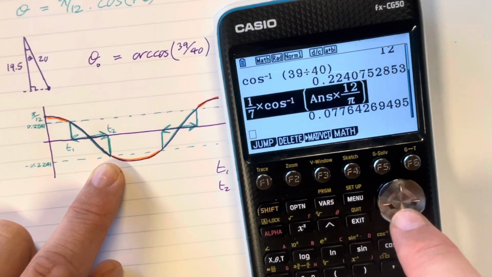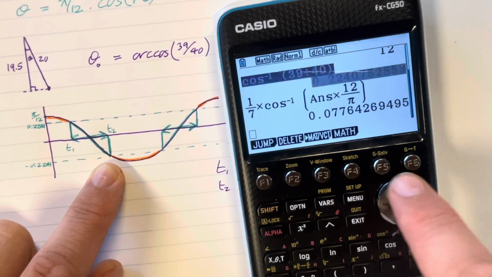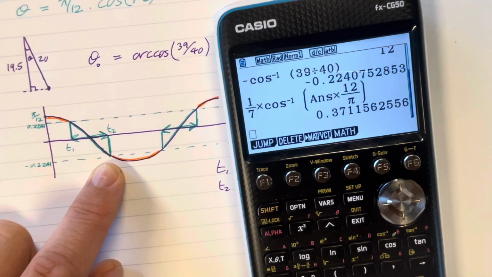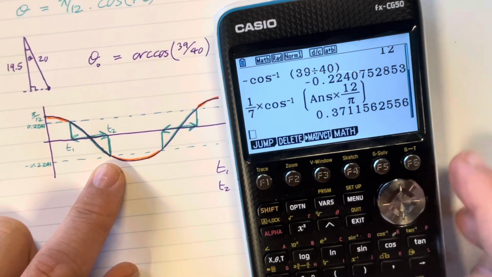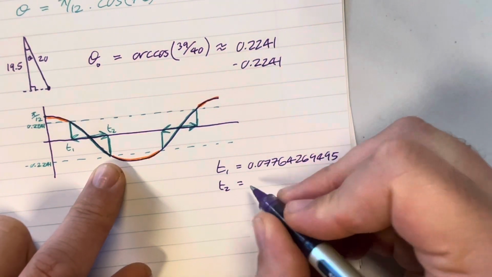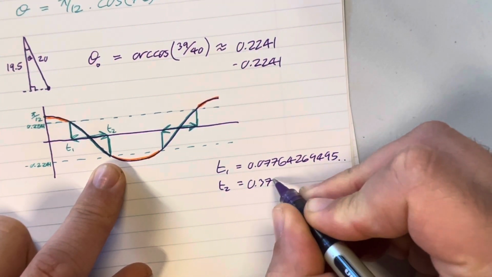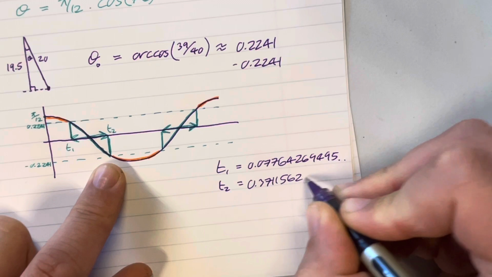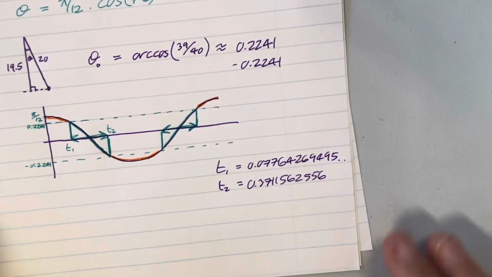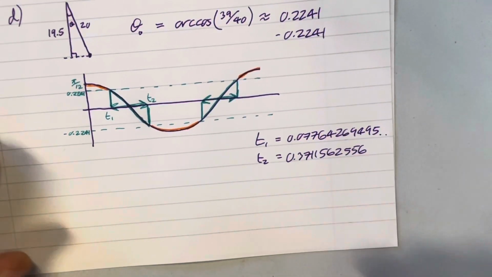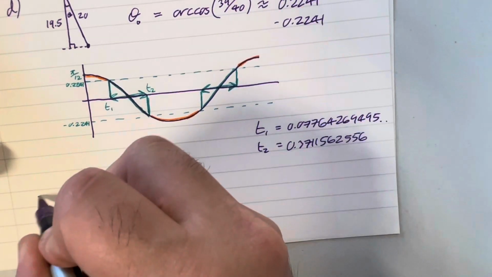So if I just change this answer to a negative and run it again, then it gives me my updated value, and I get 0.3711562556.